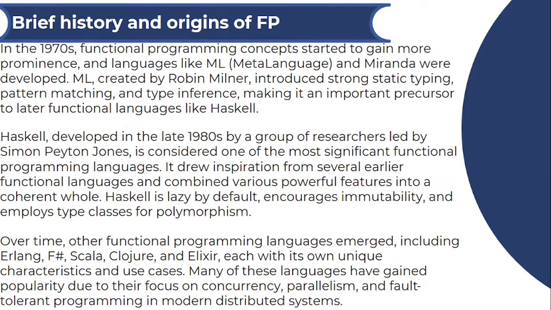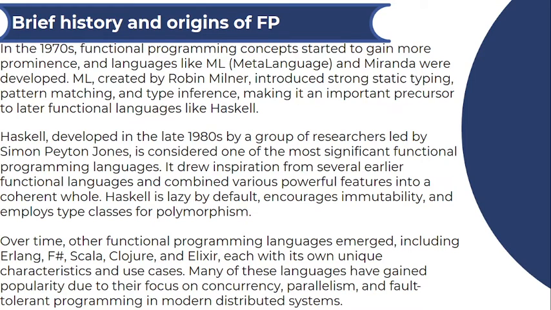In the 1970s, functional programming concepts started to gain more prominence as languages like ML, or Meta Language, and Miranda were developed. ML, created by Robin Milner, introduced strong static typing, pattern matching, and type inference, making it an important precursor to later functional languages like Haskell.